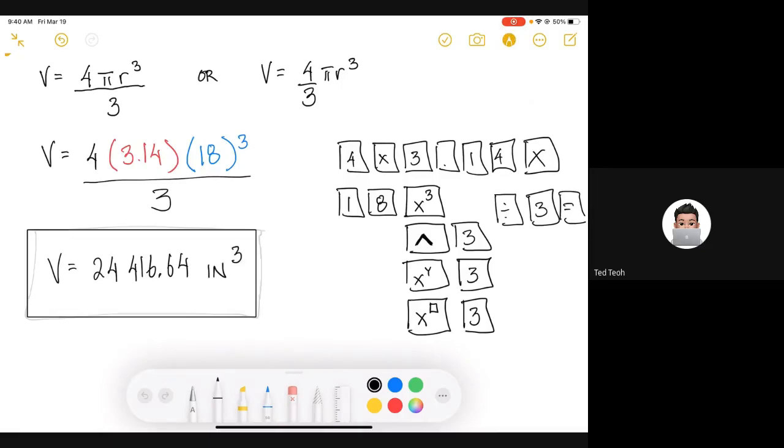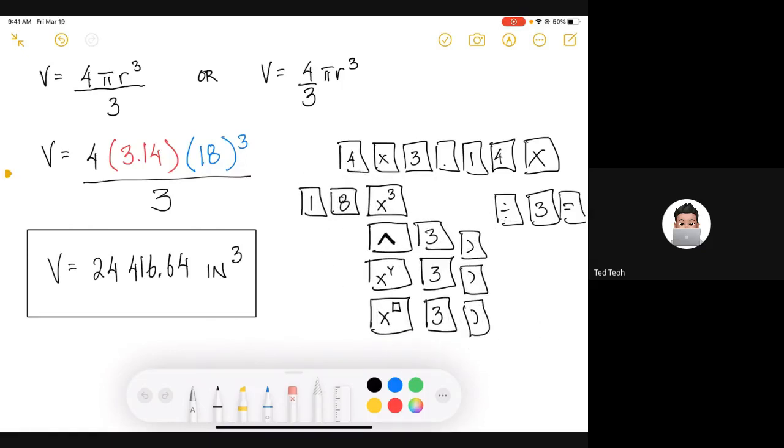I noticed that when I typed in my calculator, you might have to close the bracket because it gives you an open bracket. So if you need to, please insert the closed bracket. Some calculators might not have that, but that's what you might need to type. And that is how you find the volume of a cone and the volume of a sphere.